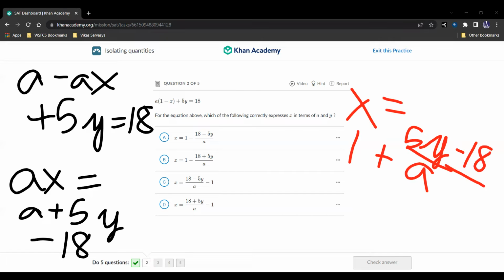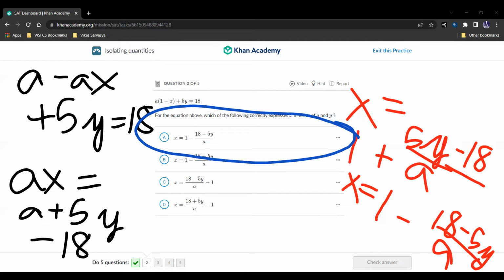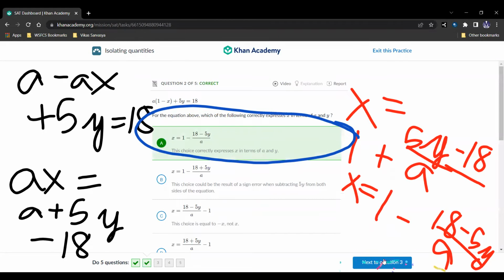Or, if we wanted to, we could express that as x equals 1 minus (18 minus 5y) over a. Another way to write that. And looking at our answer choices, it is going to be answer choice A right here. So that's our answer. And let's move on to the next question.